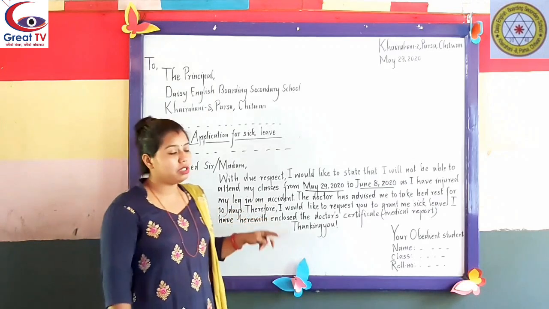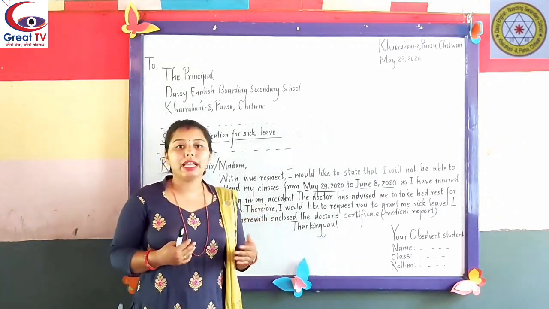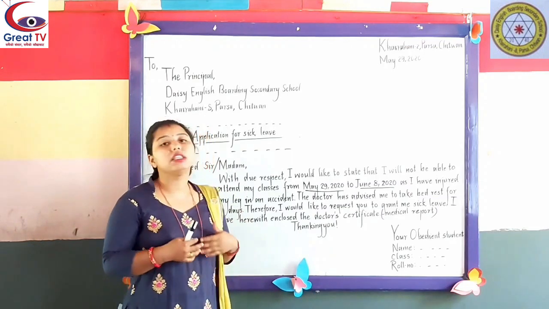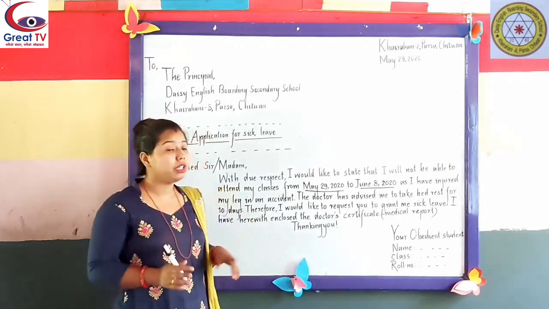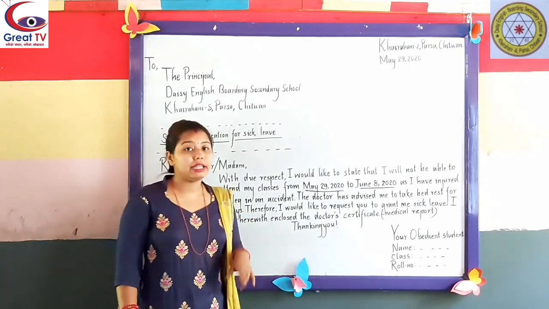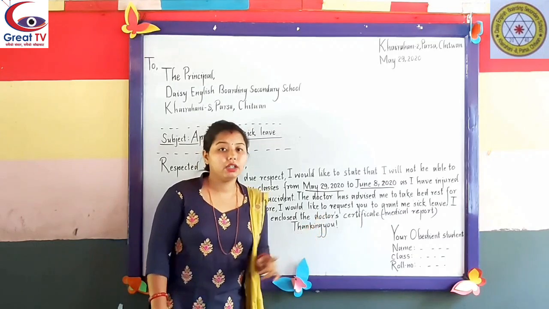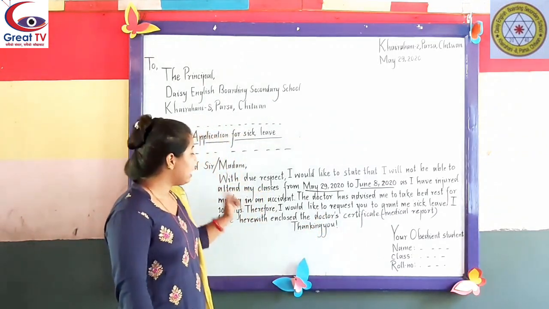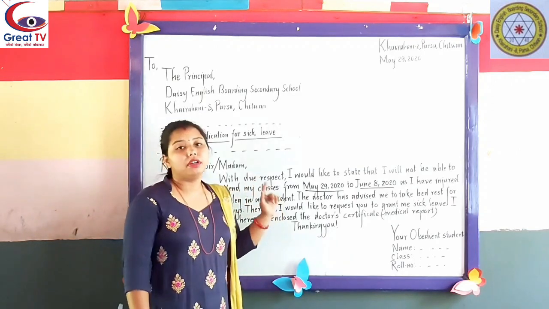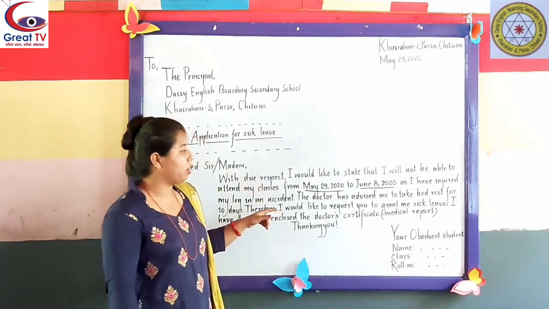Here, my dear children, you have to explain why you need leave for such a long period, and you also have to mention the date, from which day to which day you need leave. Now, give the reason behind asking for leave for such a long period of time.